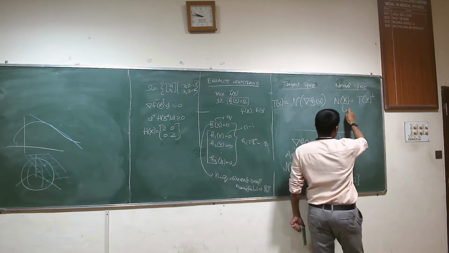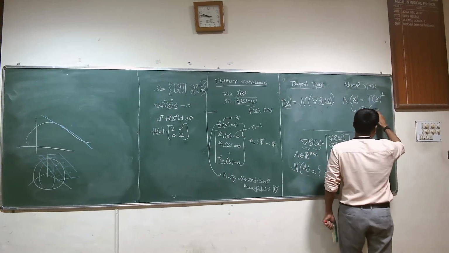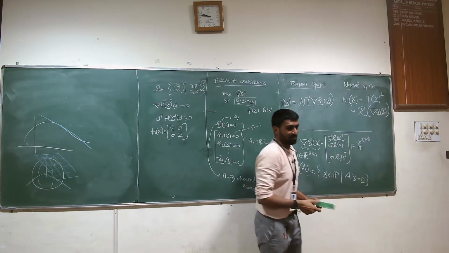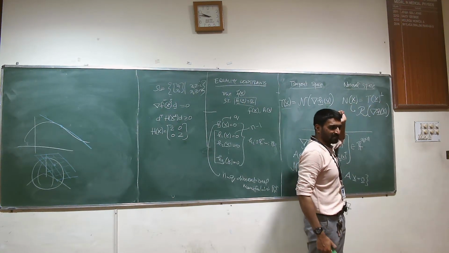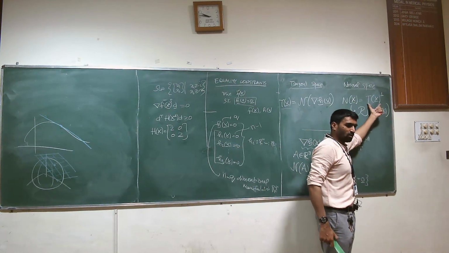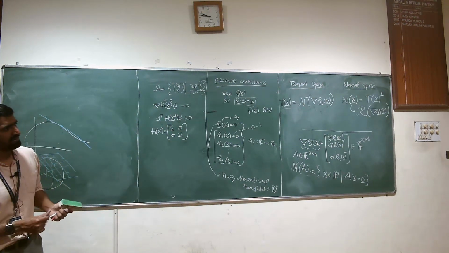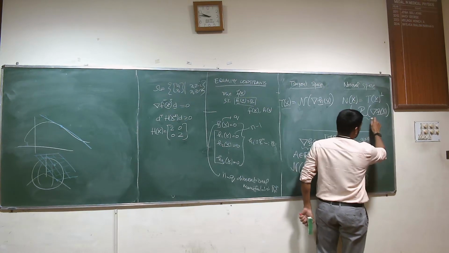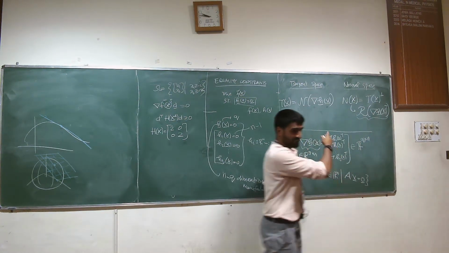So this is essentially the row space of h of x. And we know the row space is an orthogonal complement of the null space. So your normal space is the orthogonal complement of the tangent space.